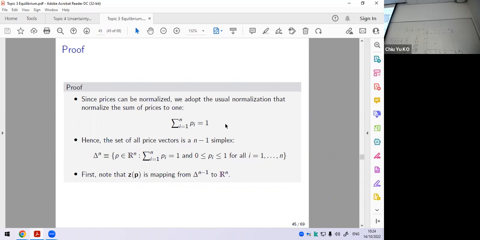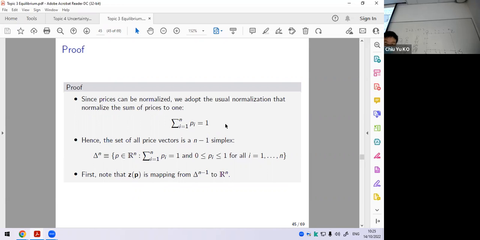The simplex is actually this triangle: this is 1, this is 0, this is 1. This is the simplex, the 2-simplex.